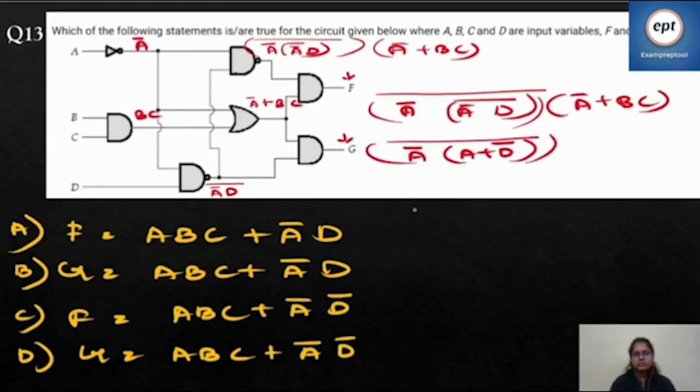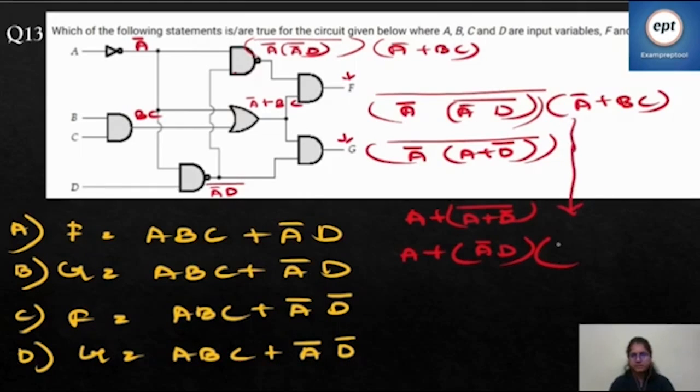So now this will be A plus D bar and the whole bar again. So now it will be A plus A bar D. This is how the expression will be, and this expression we will write as it is, A bar plus BC. So this is for the F we are calculating.